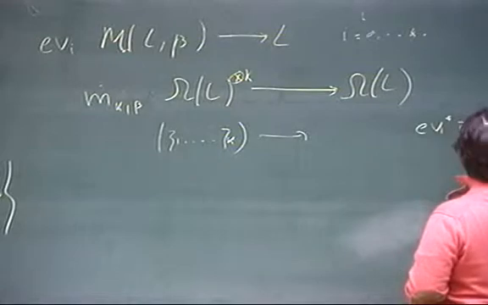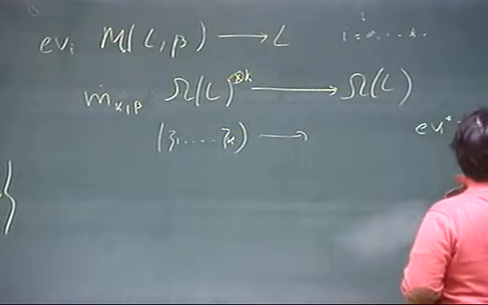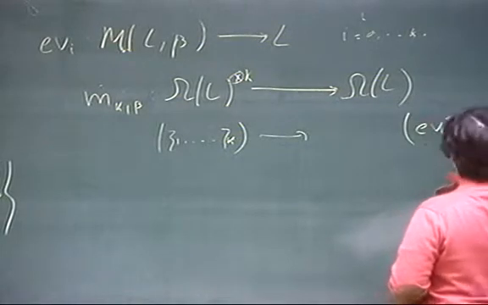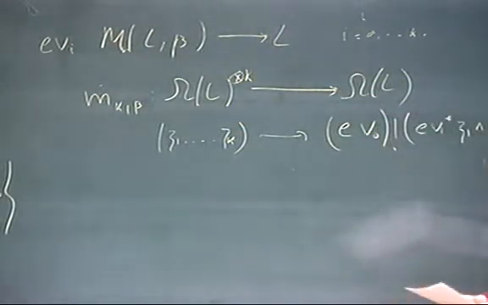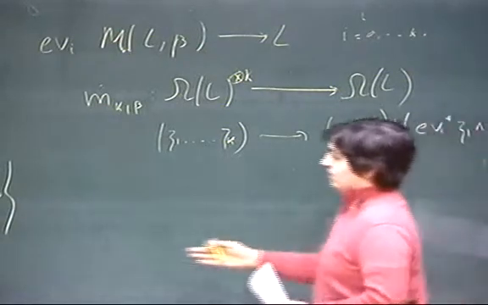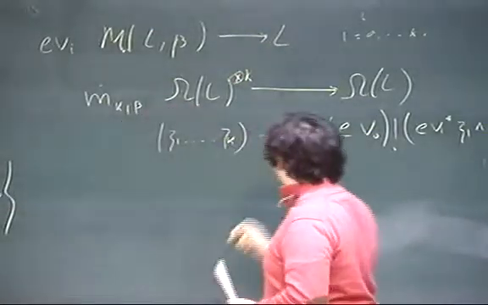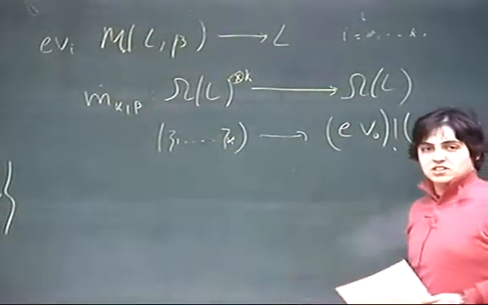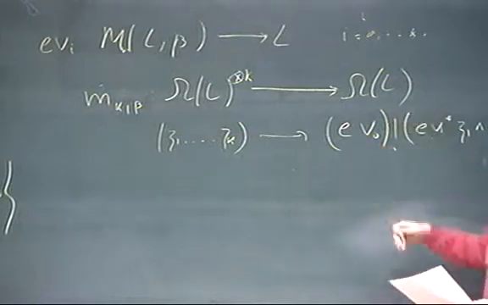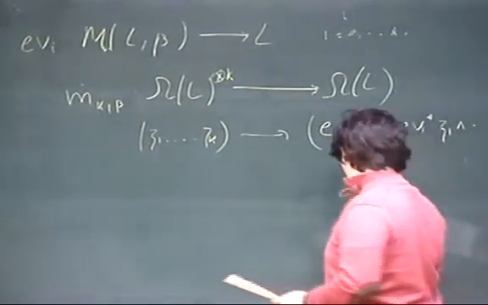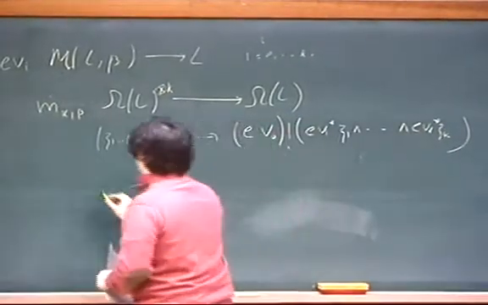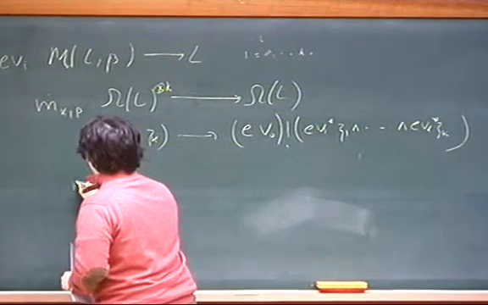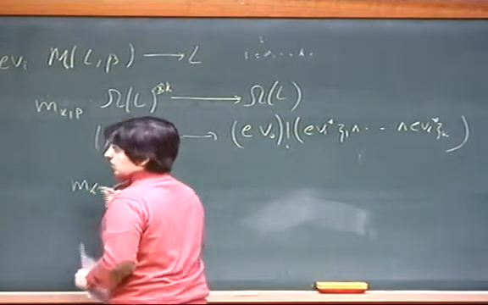Then you wedge all of them, and then you integrate along the fiber of evaluation at the 0 marked point. To do this, you need this to be a smooth space and the evaluation to be always a submersion. To make this work, you need all these Kuranishi neighborhoods and do a lot of work, but let's ignore this for now.